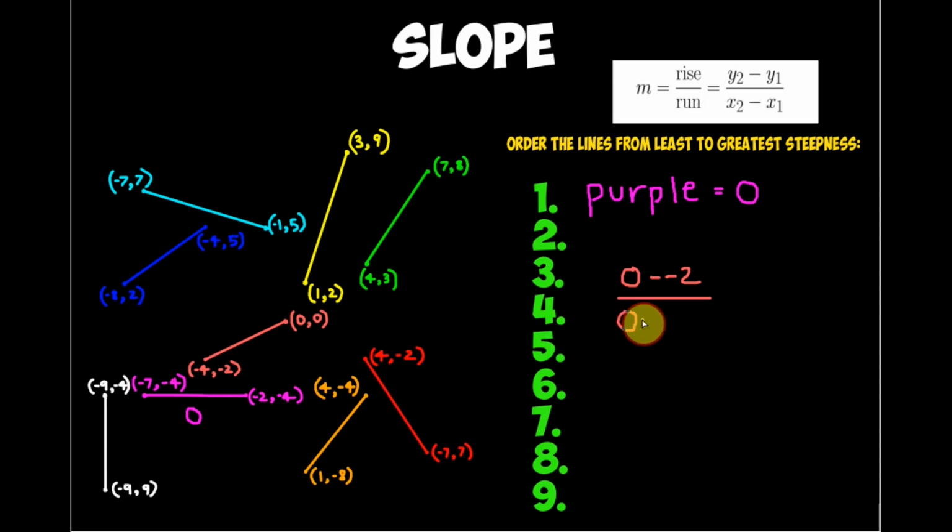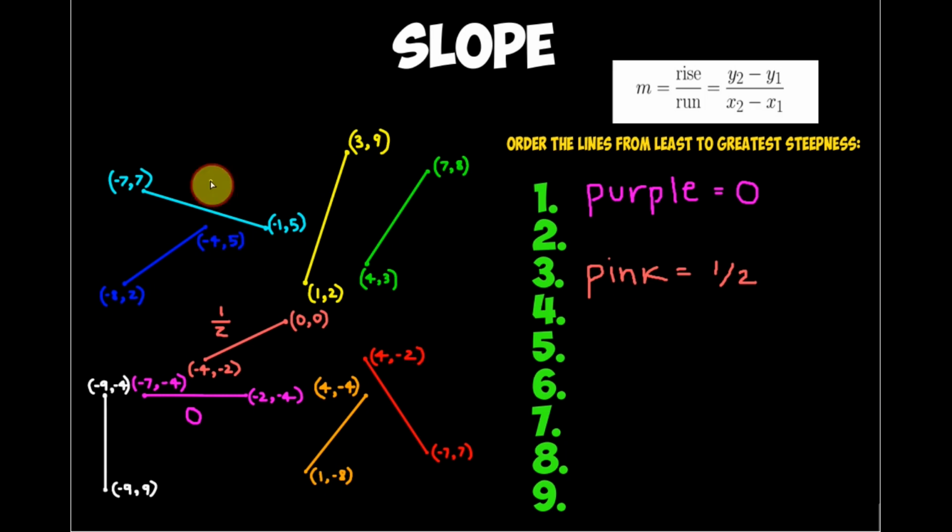So 0 minus negative 4. And this becomes positive. 0 plus 2 is 2. 0 plus 4 is 4. This simplifies to a slope of 1/2. Okay, so the pink has a slope of 1/2. And let me just put that down.